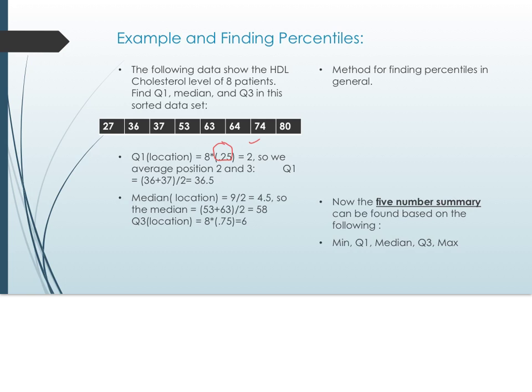So according to our rules, we average the second and the third position, the L and the L plus 1 position. In this case, the second position is 36 and the third position is 37. We add those two together, we divide by 2, and Q1 is equal to 36.5.